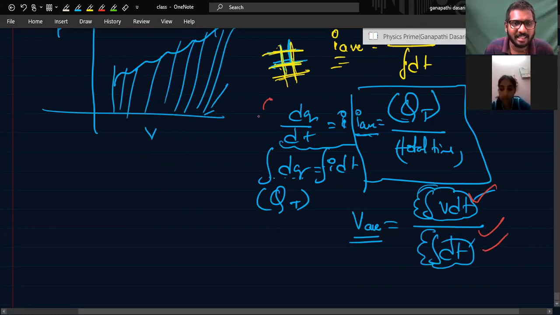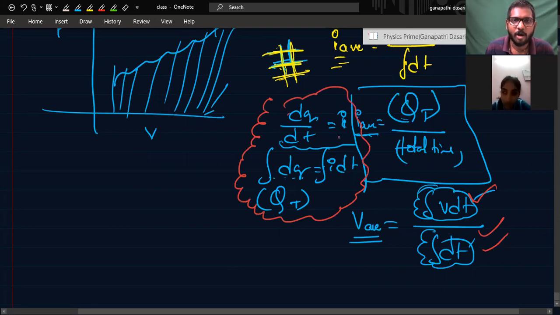This you might have studied in alternating current, Ujjwala. These formulas, integral I dt by integral dt, you might have been confused there also. Only one point, if you learn, entire physics. Physics beauty is this only.